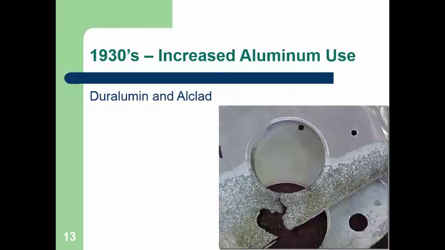Aluminum was actually discovered in the 1800s, but it wasn't until large-scale electrical power availability came to being that it was possible to manufacture aluminum. So it didn't really start finding commercial application until the 1930s, and then into World War II, the applications grew very rapidly.